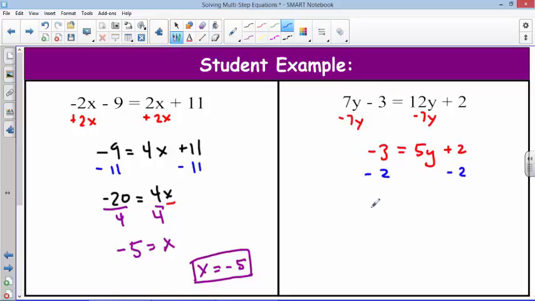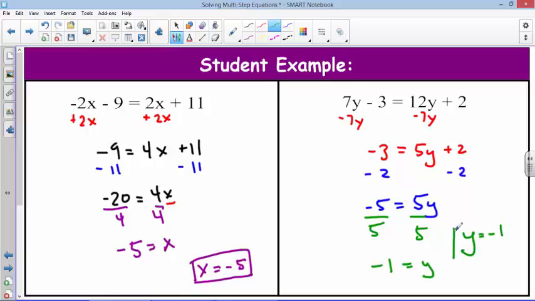Negative 3 minus 2 will give me negative 5 equals 5y. Now I'll divide both sides by 5. Negative 5 divided by 5 is a negative 1 equals y. Y equals negative 1. Alright, great work.